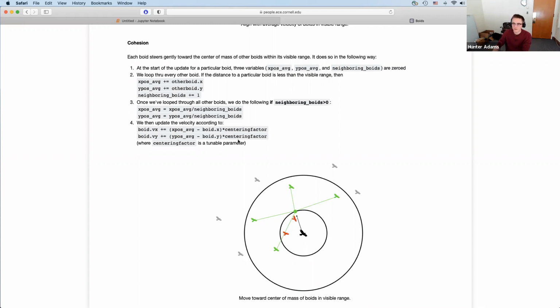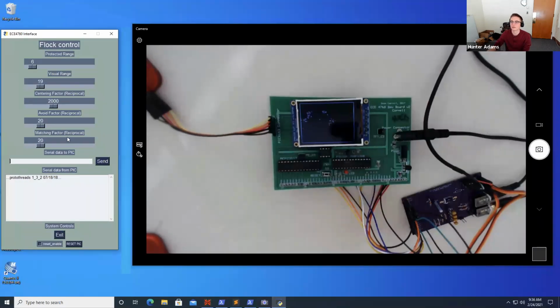So the effect of this is this centering factor here. If we make this very large, they tighten up into little chunks, right? They're all trying to fly towards the center of mass, and the groups become very tight ball-like structures that don't have the organic feel.